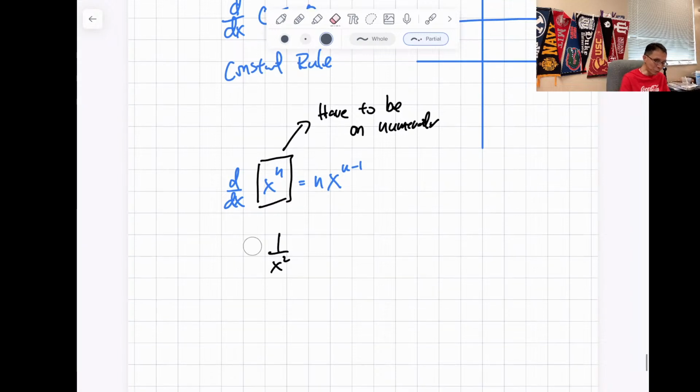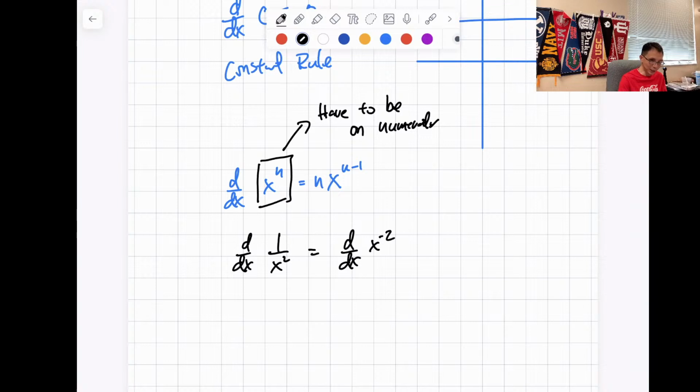In the current stage, you cannot use the power rule because the power rule does not say 1 over x to the n. We have to change it to a form that will work. x to the power of -2. Yes, so Ian says it's x to the power of -2. Now I move it to the numerator. Now I can apply the power rule.